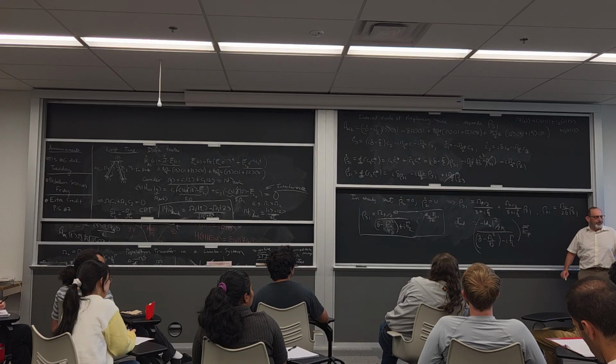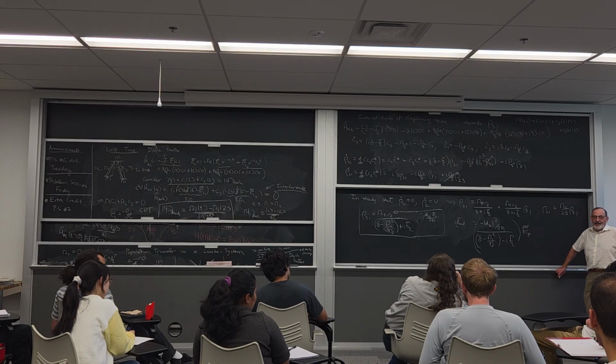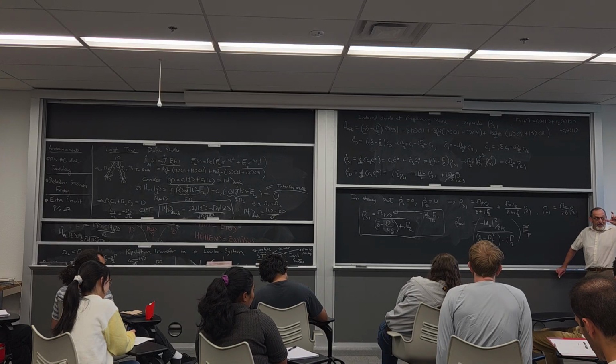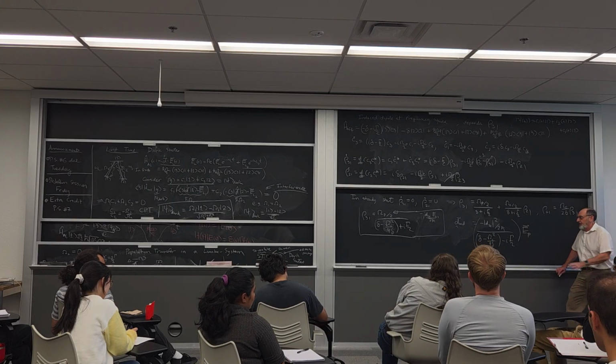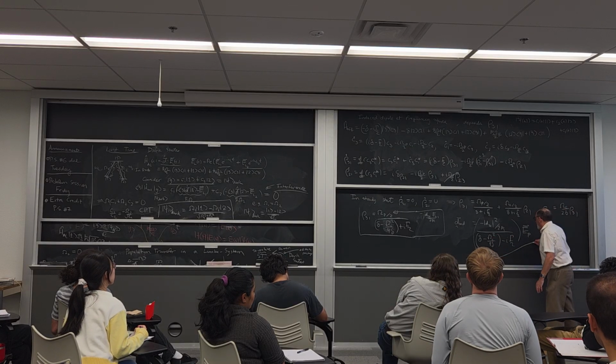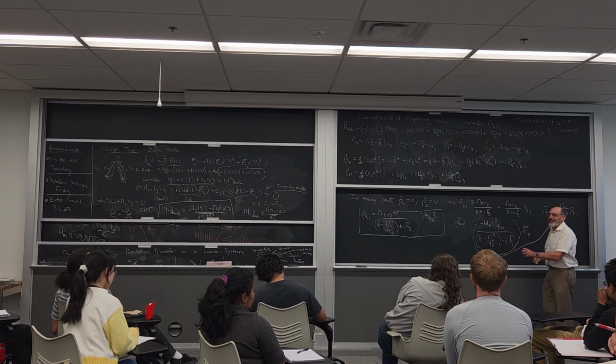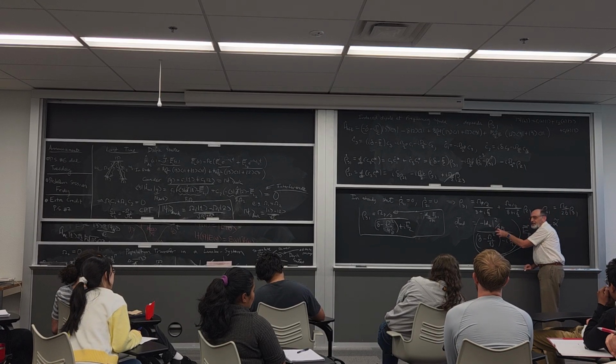So let's stare at this for a moment. If the coupling laser was 0, if I had no coupling between 2 and 3, this would be 0. This is my polarizability. It's the linear polarizability.